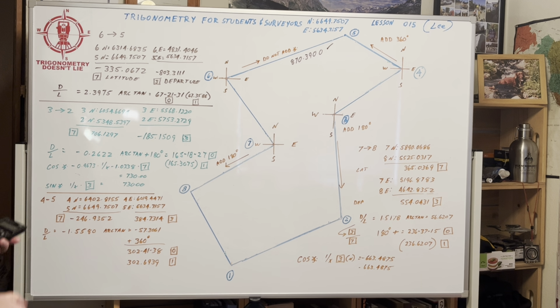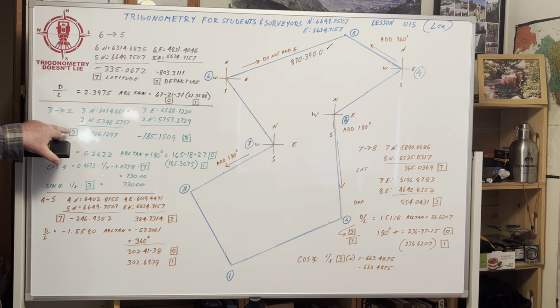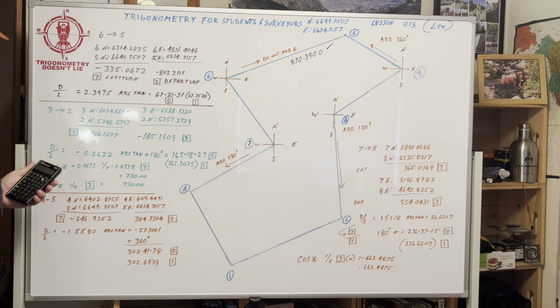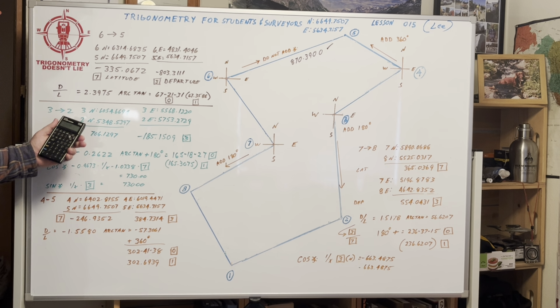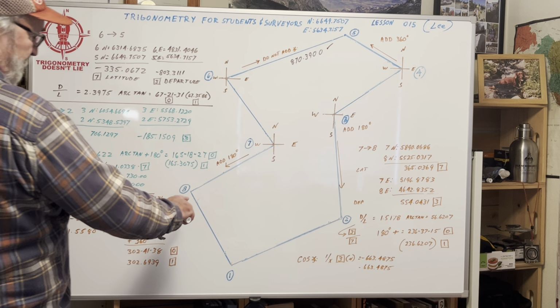We subtract those. I'll just go ahead and put that in there as 706.1297. And I'm going to store that as 7. I'm going to overwrite that one, store that as 7. Now our easting, we're going from 3 to 2.